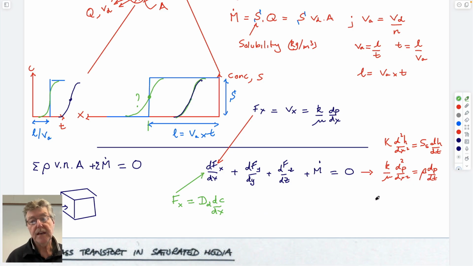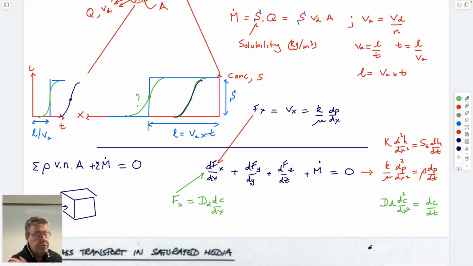And if we substitute that in there, we would end up with something that looks like d, change in concentration with location to the second order, because it's already got a term there, which is equal to something like change in concentration with time.